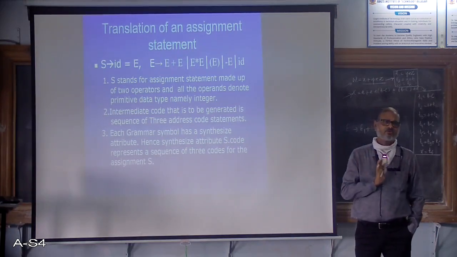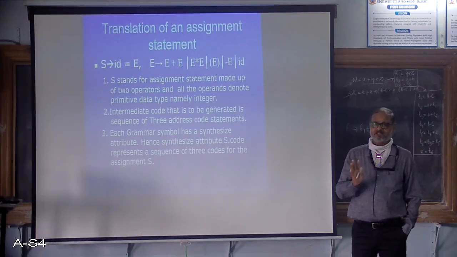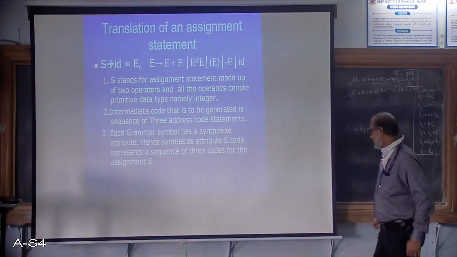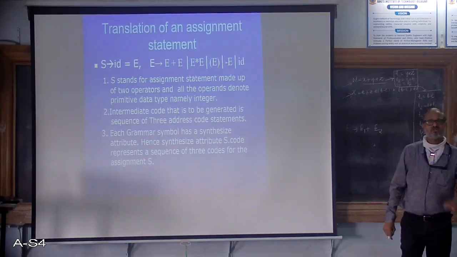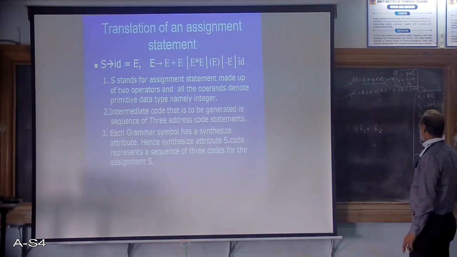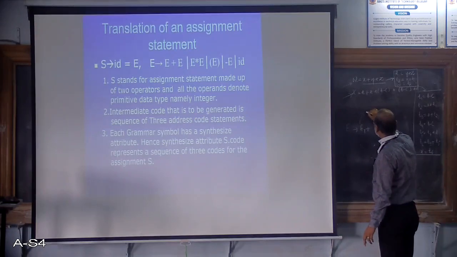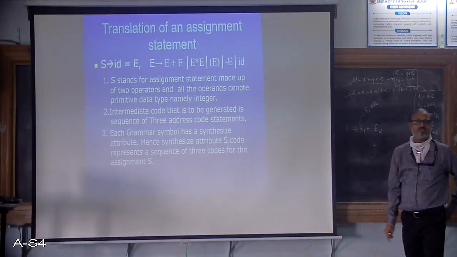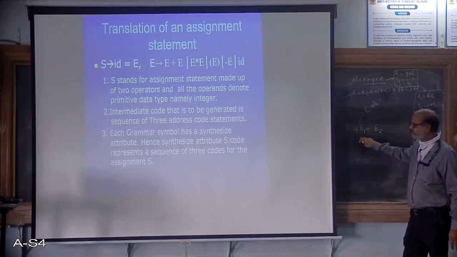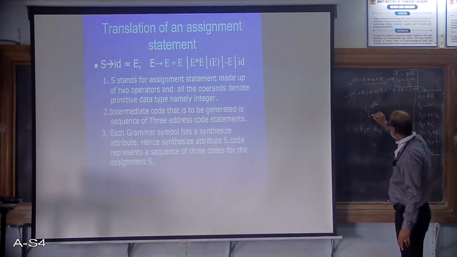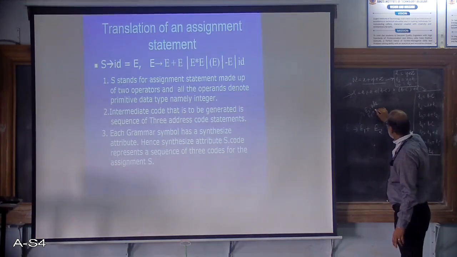I am going to consider the bottom-up parser for explanation. Just before the reduction, I have E1 dot code, which is the sequence of 3 address code evaluating this expression, and the value of that would be E1 dot address.